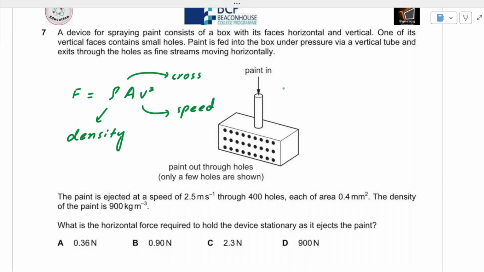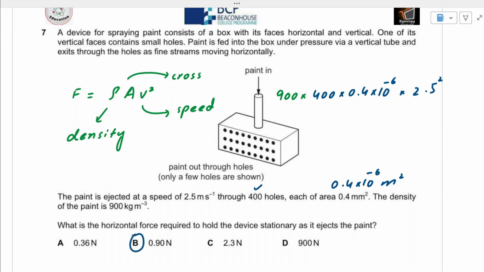For example, density is 900 times what is the cross section area? 400 holes, each one has 0.4 millimeter square. So 400 times 0.4, but we need to convert it into meter square, so it should be 10 to the power minus 6 meter square, times the speed 2.5, and square of it.